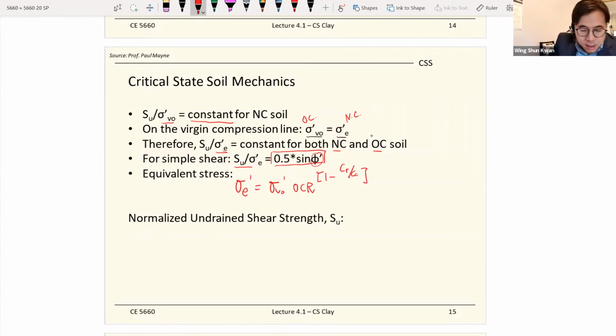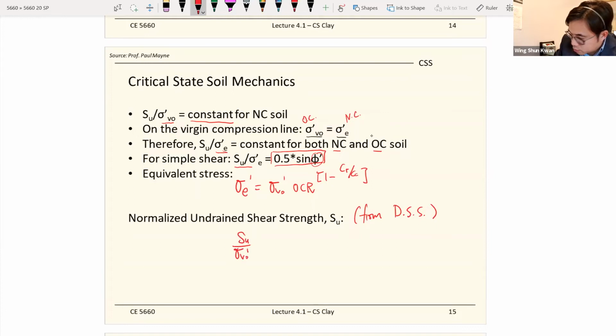And it has been proved from direct simple shear testing. We substitute the ratios over there.